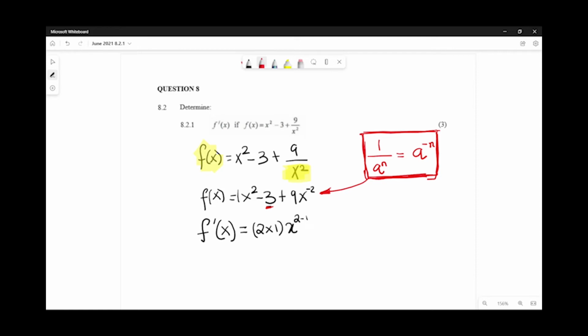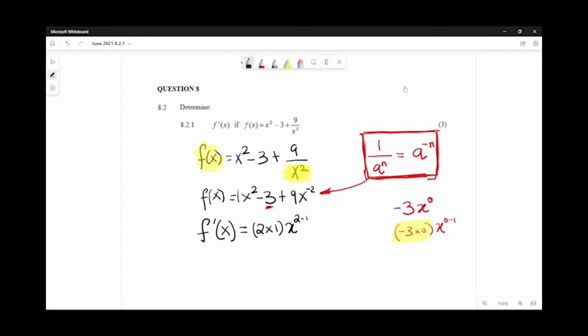If you think about it, it makes sense, because we have something like negative 3x to the 0. If you were to derive just this, because our process is taking the exponent, bringing it down to multiply with the coefficient, you're going to have negative 3 times 0 times x to the 0 minus 1, which doesn't even matter, because this whole thing is going to be 0.